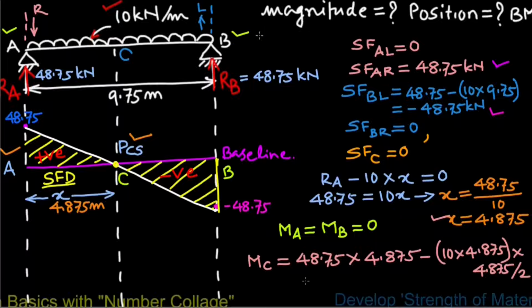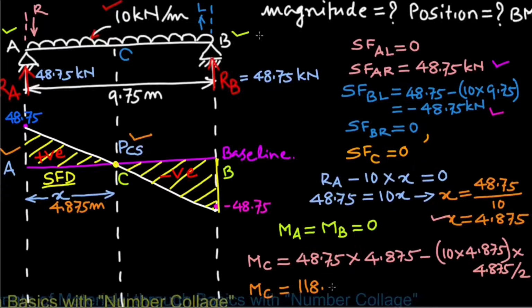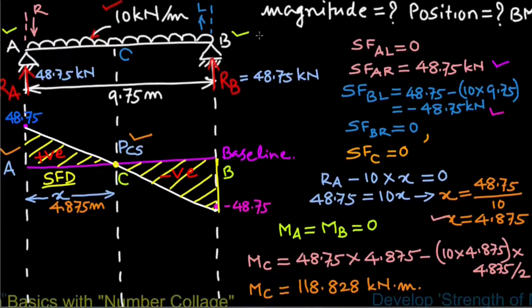So this calculation gives us bending moment at point C, MC, equals 118.828 kilonewton meter.